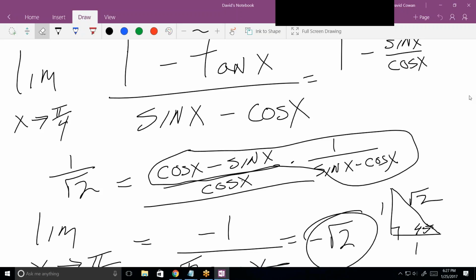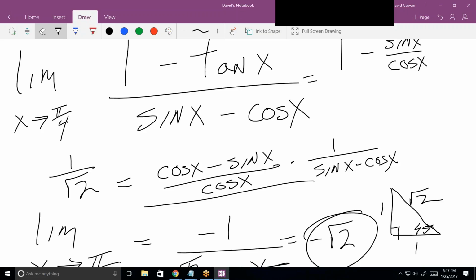The key to this problem is recognizing that that divided by that is -1. Okay. I have -1 over cosine x, and the moment you get something other than 0 in your numerator, you got the problem solved.